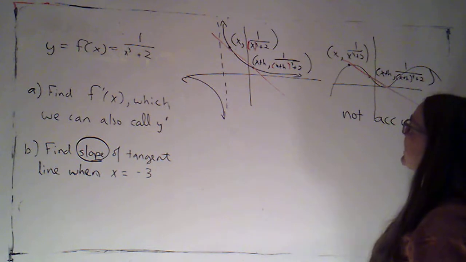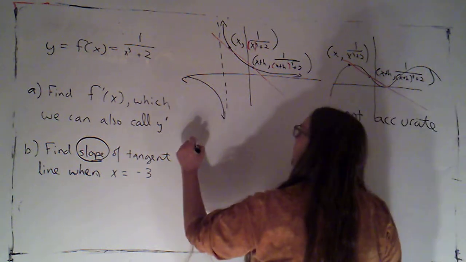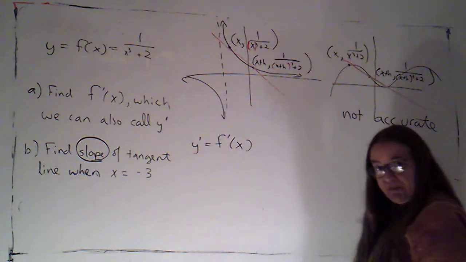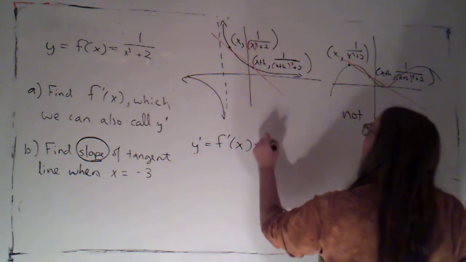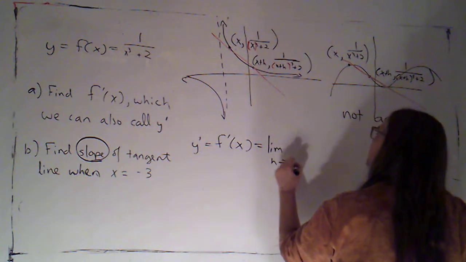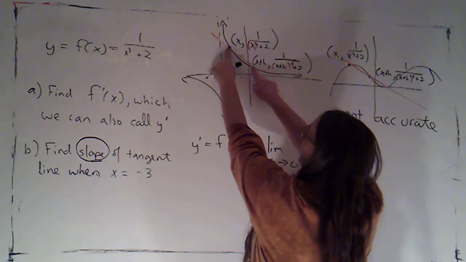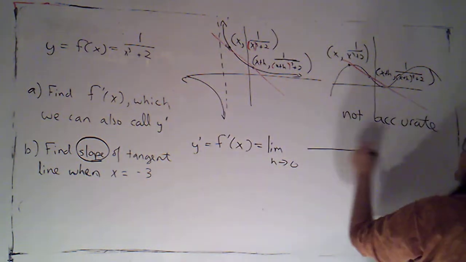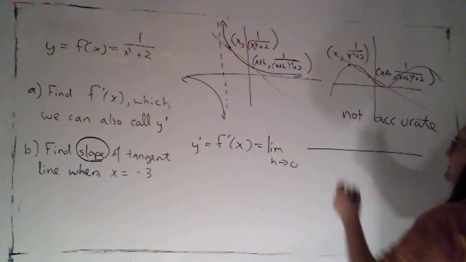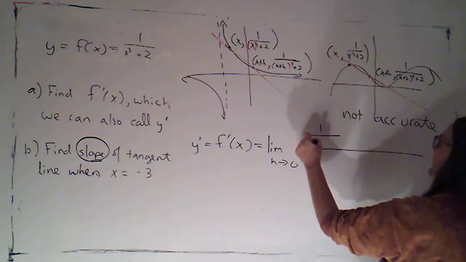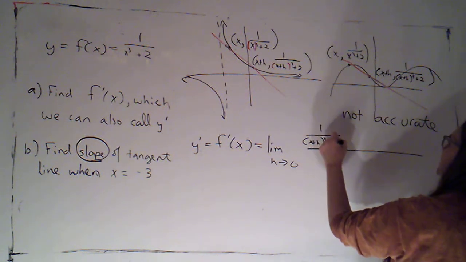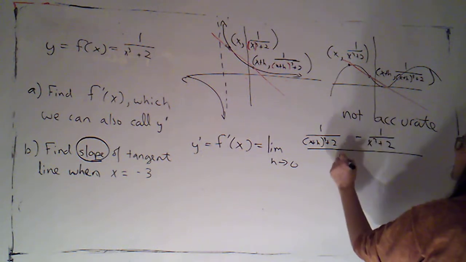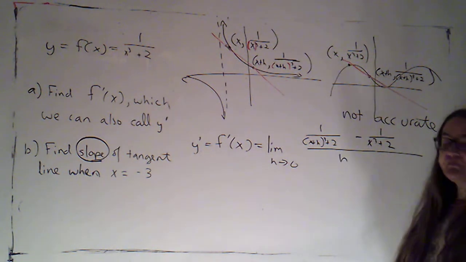All right, so now if I want to get y prime or f prime of x, just getting used to the options in the notation, I know that's the limit as h goes to 0, as I move this point closer and closer to that point of tangency, of the slope of the secant line, which is 1 over x plus h cubed plus 2 minus 1 over x cubed plus 2 all over h.